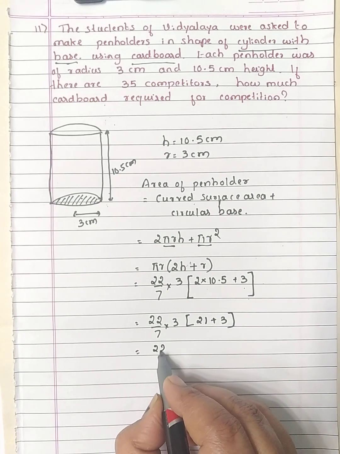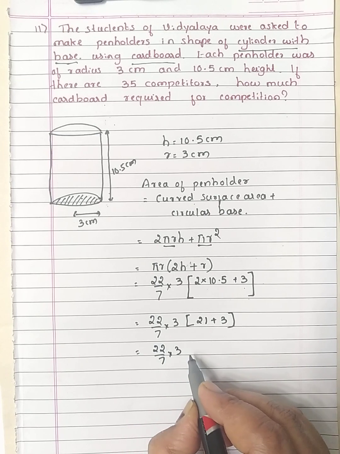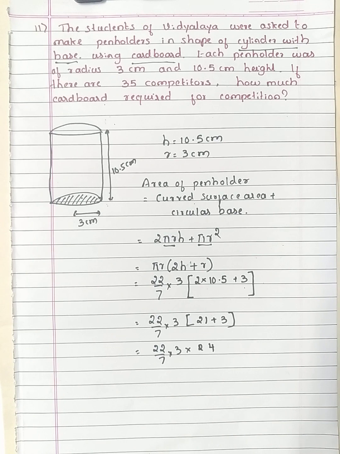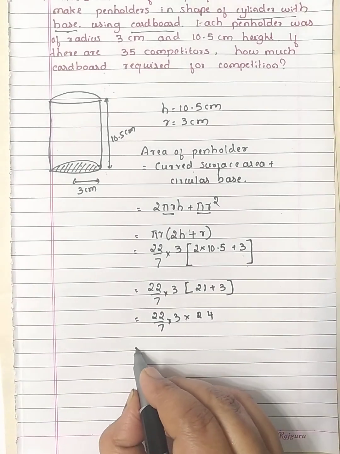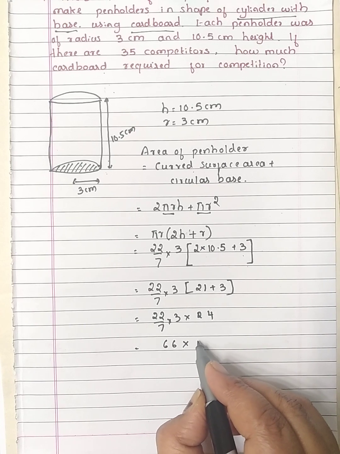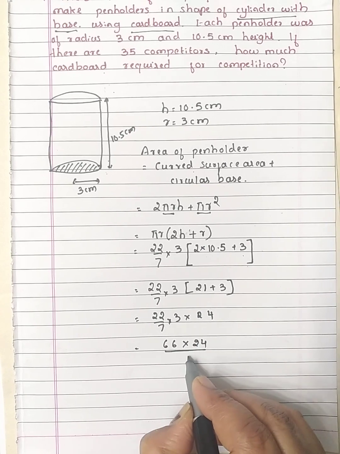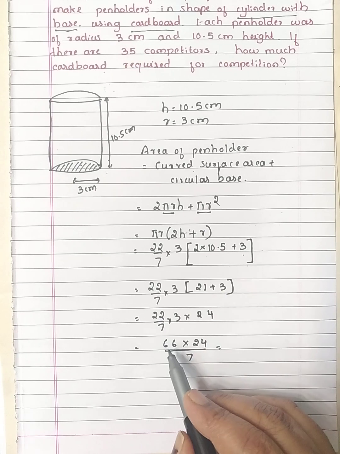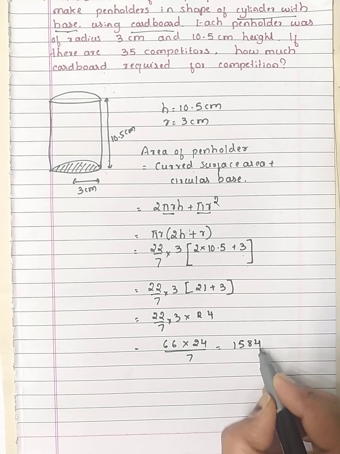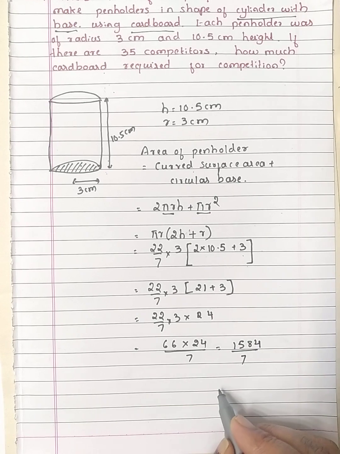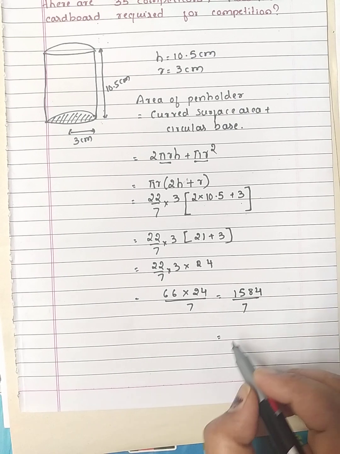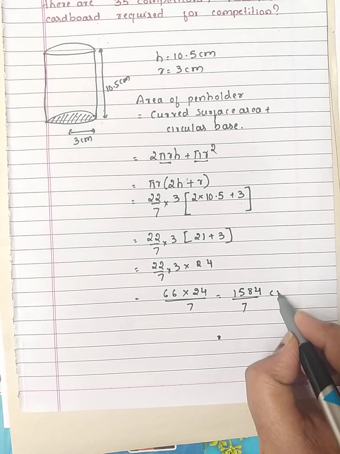That is 22 by 7 into 3 into 24. Now 22 into 3 is 66, into 24, whole divided by 7. When you multiply 66 into 24, you will get 1584 upon 7. When you divide this, you will get the answer, in centimeter square.